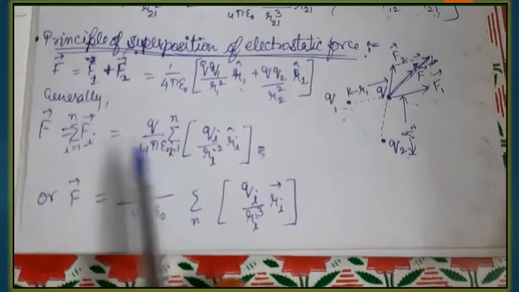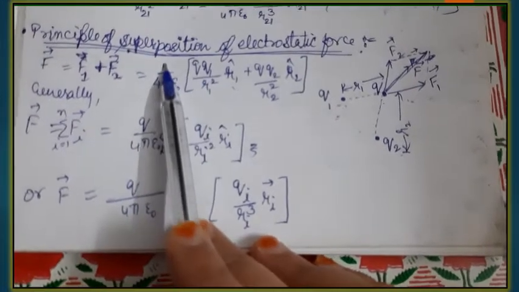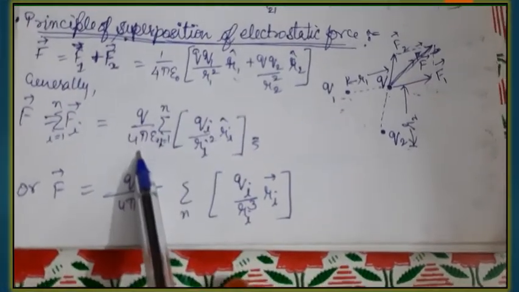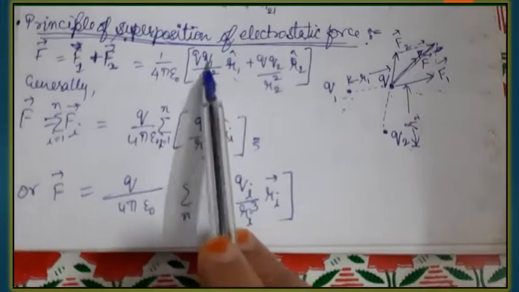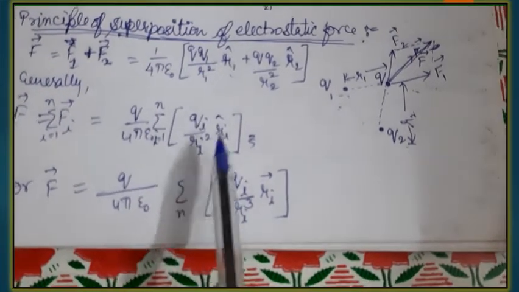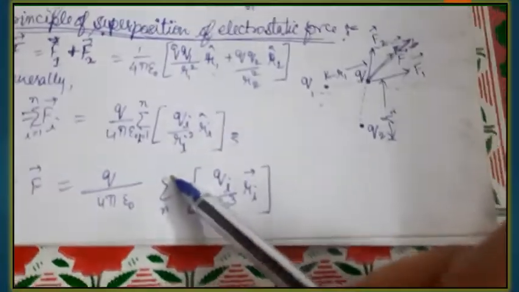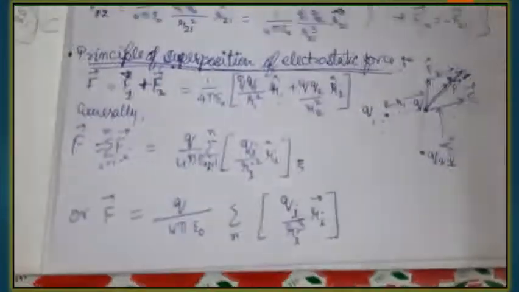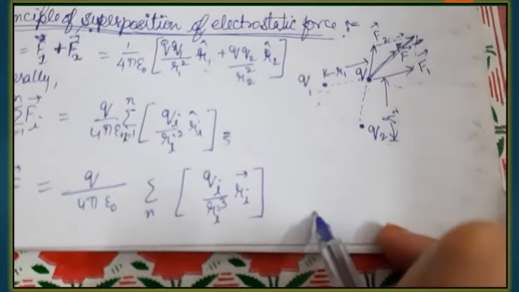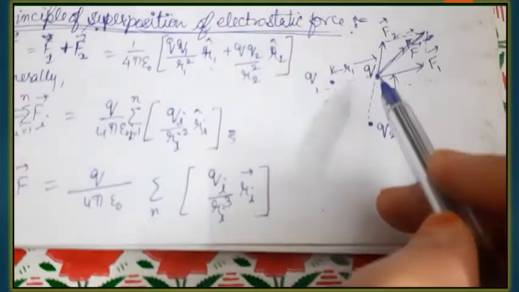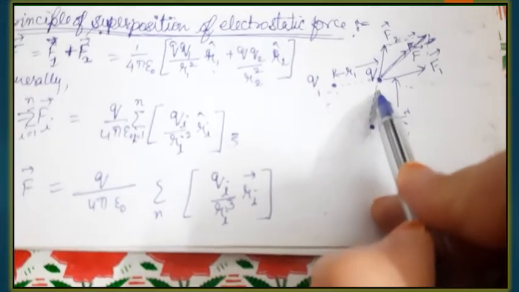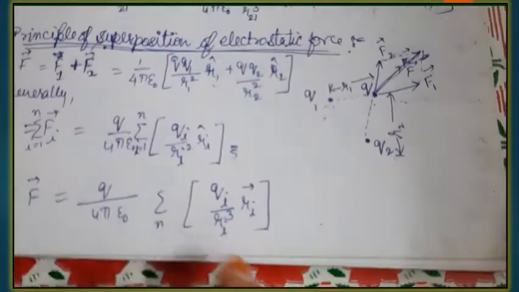And when we take q common, the term will be q upon 4 pi epsilon naught summation qi by ri square ri cap. We have generalized the above expression for n number of charges. So this gives us the expression for the force acting on a single charge q due to n number of charges present in its vicinity.